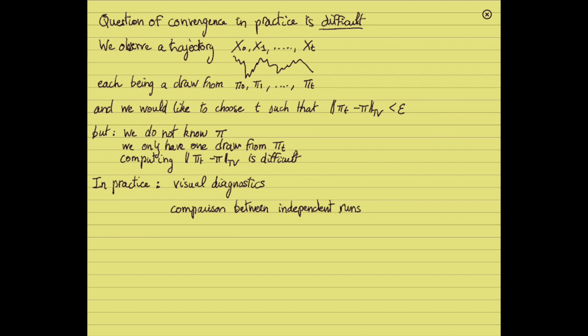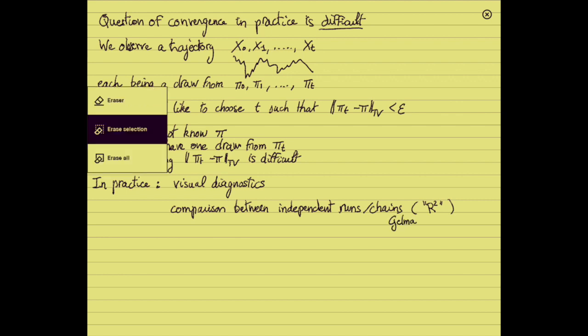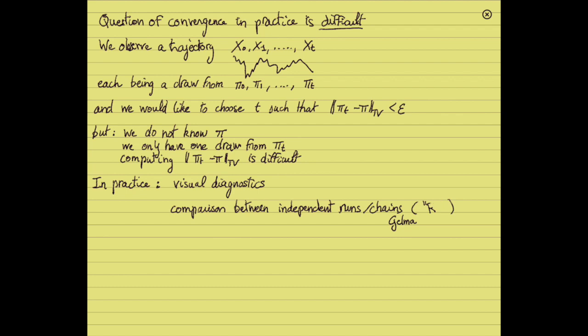It's always a good idea to run independent chains so that we can compare the results obtained independently on multiple machines. And so, for example, there's a famous Gelman-Rubin diagnostic that is based on the comparison between ergodic averages obtained on independent chains, also called the R-hat diagnostic, that is often used.